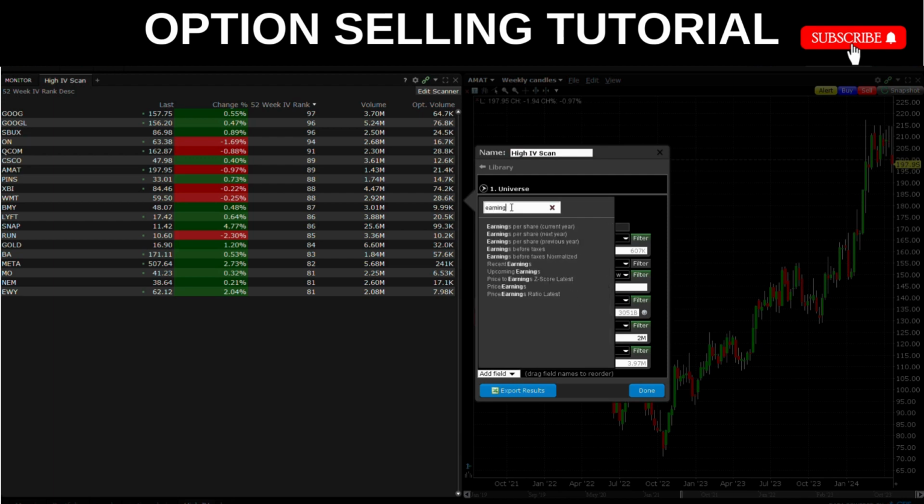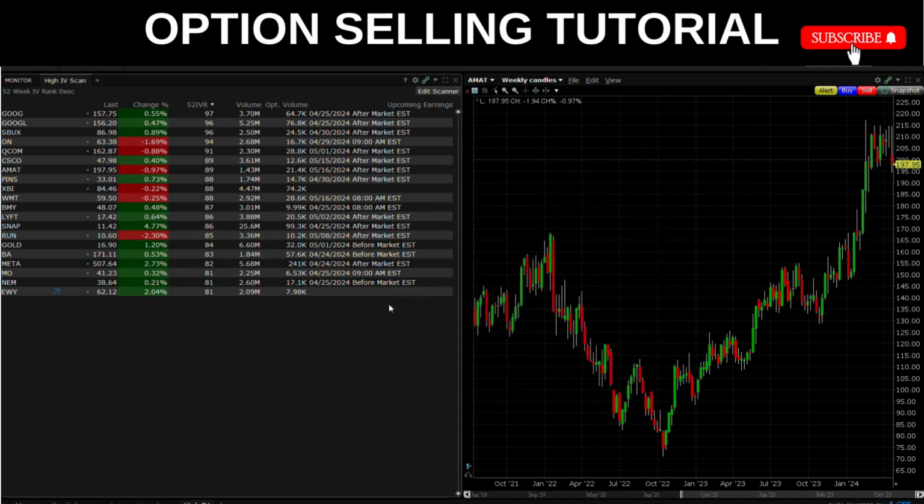This is very important, the upcoming earnings. You don't want to keep the stocks after the earnings. Until the earnings, people do not know what is going to happen, so the premiums will be very high, but after the earnings it can shoot up or shoot down. So just before the earnings, you need to close the position when you are selling options. You need to know when the earnings are, so I also add the earnings tab here.